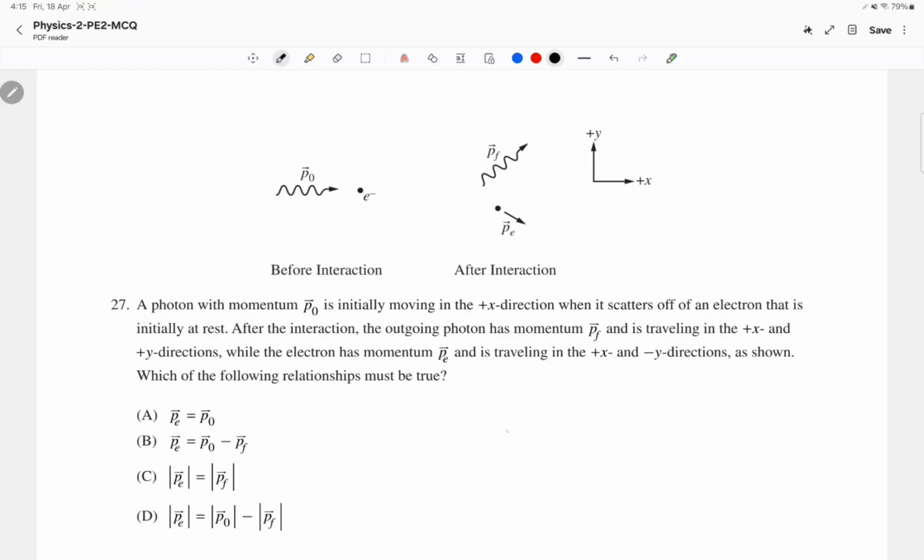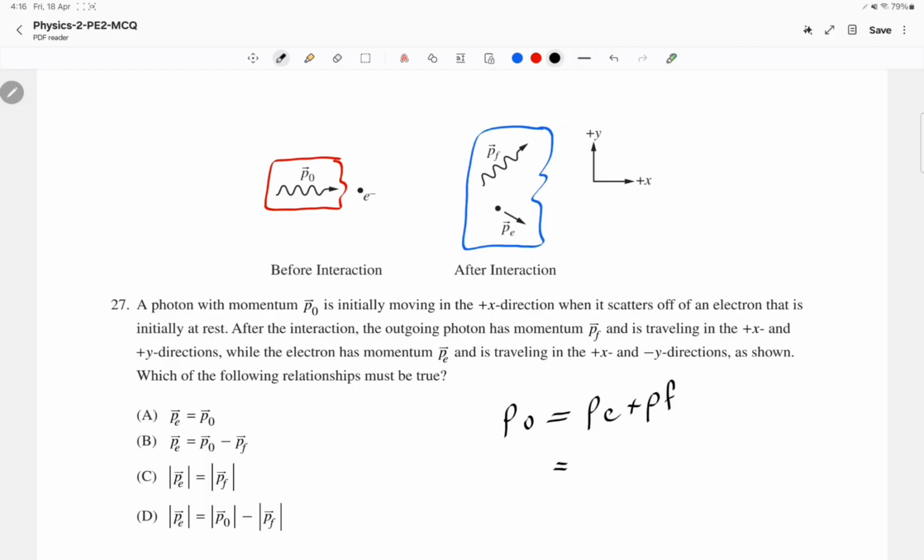So which one is that? B, because if you just move that PF to the other side, it becomes negative.